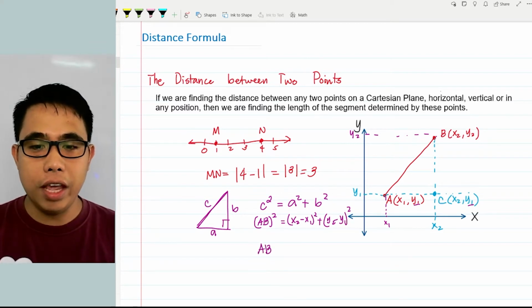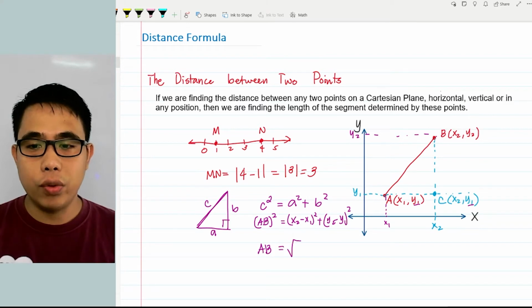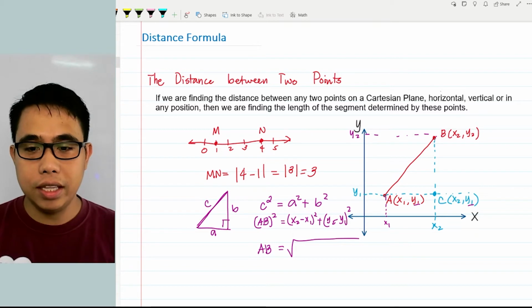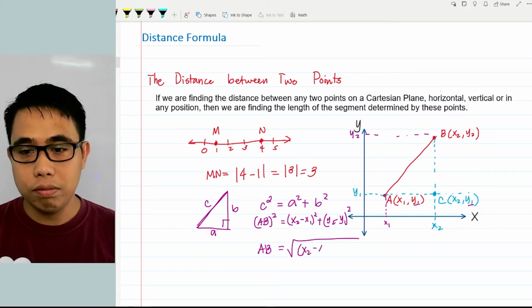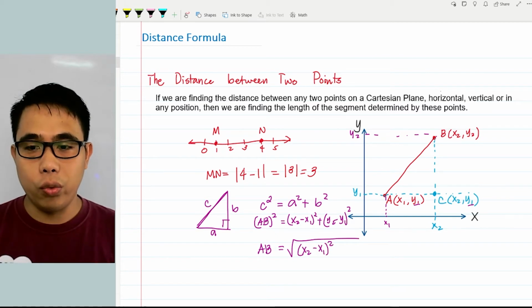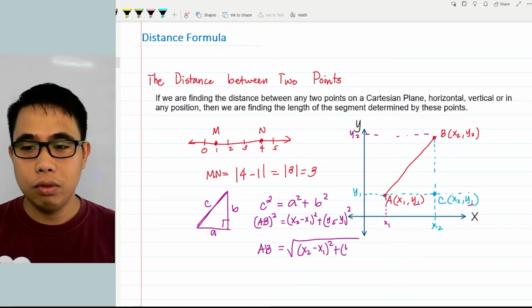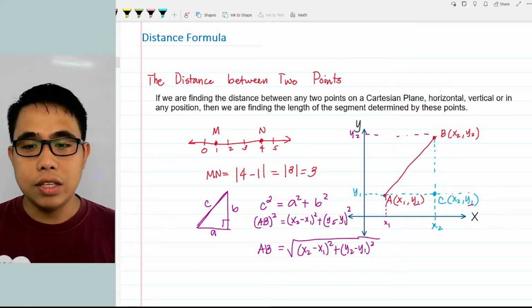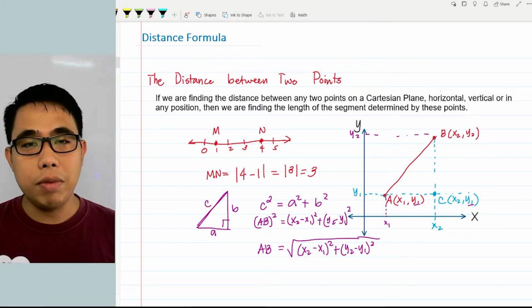Finding the length of AB, that is equal to the square root, by extracting the square root of both sides, of x sub 2 minus x sub 1, the quantity squared, plus y sub 2 minus y sub 1, the quantity squared. Now, if you notice, we consider only the positive square root of AB since we are looking for the distance.